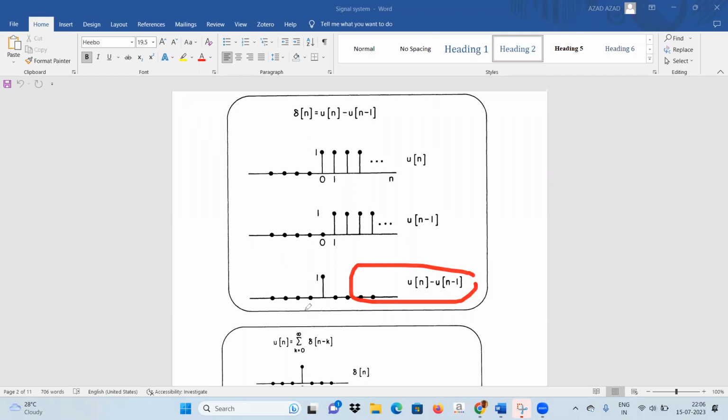You can see this figure is something like an impulse function. It has only one value at n equal to 0, but it has no value other than n equal to 0.